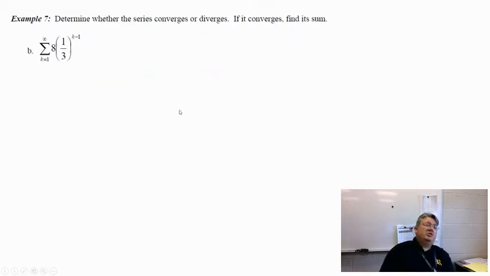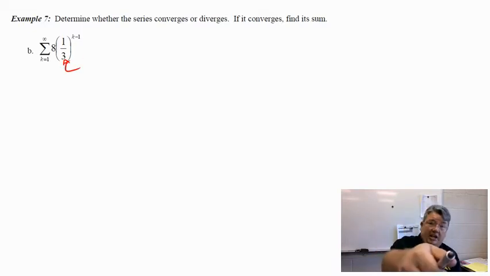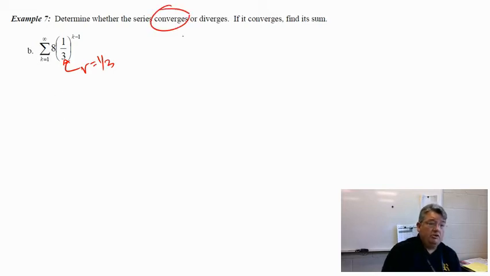Determine whether this series is going to converge or diverge. Well, I know it's going to converge because first, I recognize this is geometric because it has that exponential with the power on it. And I know that that's the ratio. And 1/3 is less than 1. So this is going to converge. Well, to find the sum, I need the first term.